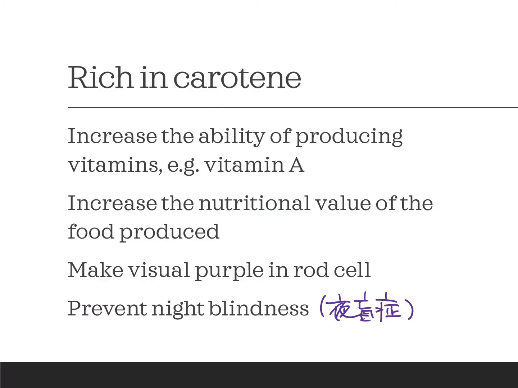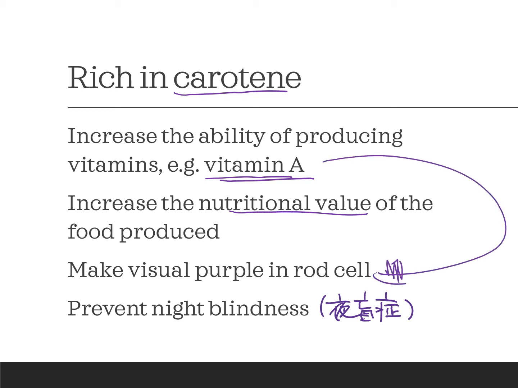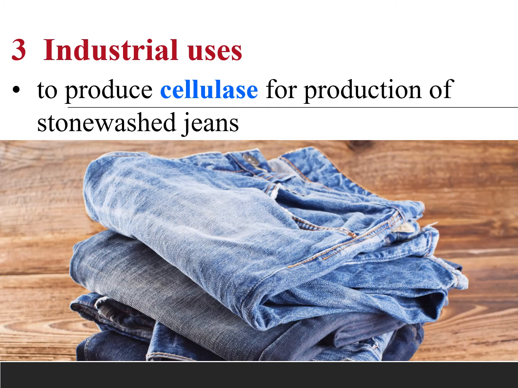Since the rice is rich in beta-carotene 胡蘿蔔素, it increases the ability to produce vitamin A in our body. And this is also increasing the nutritional value of the food produced. And vitamin A is very important for making visual purple in the rod cell, which helps to prevent night blindness, 夜盲症.